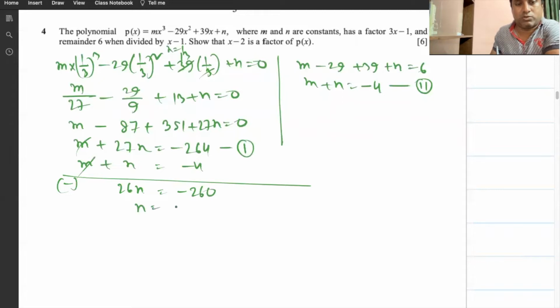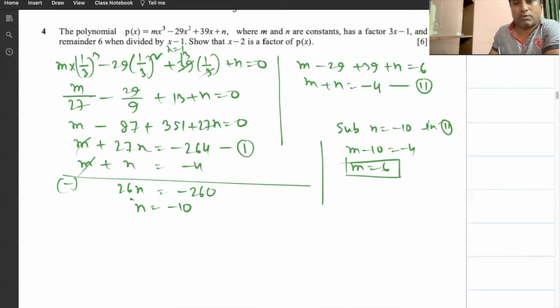So n equals minus 10, and substituting n equals minus 10 in equation 2, m minus 10 equals minus 4, then m equals 6. So we have got the values of n and m.